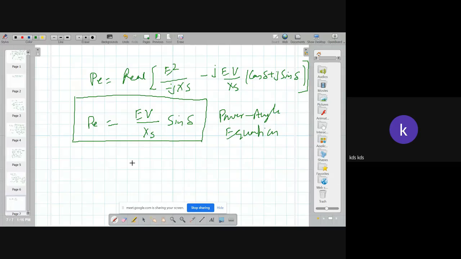Right, so let me write that for this system, with a simple representation: V angle 0, XS, and E angle delta. So we have the source E angle delta, the infinite bus V angle 0 degree, and XS.